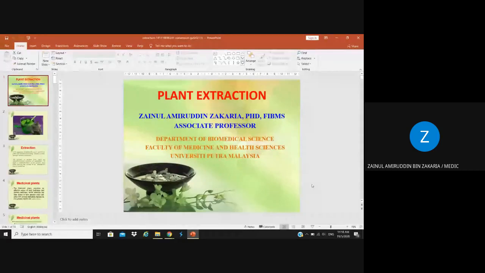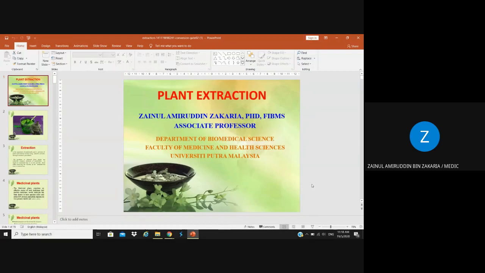So we want to isolate the pure compound. If you use a mixture, if you use a crude extract, for example, it contains a lot of compounds. So if you want to target a disease, it can also have side effects because of the action of various types of compounds.